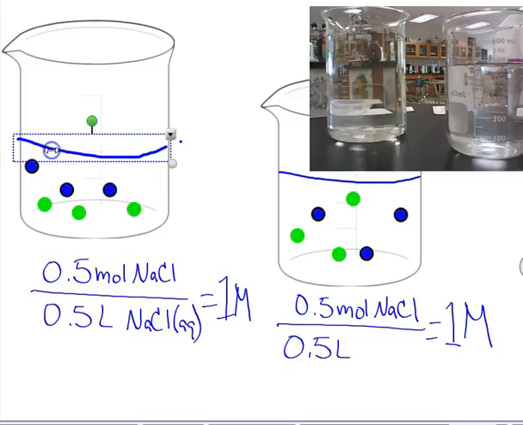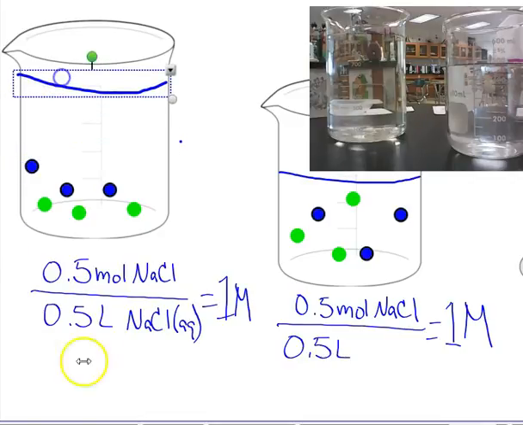So I'm going to represent that I added more water. And in this beaker, now I'm going to cross this out because I've changed my solution.